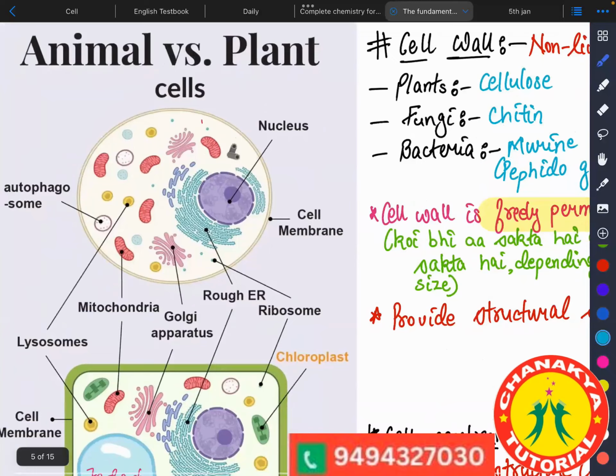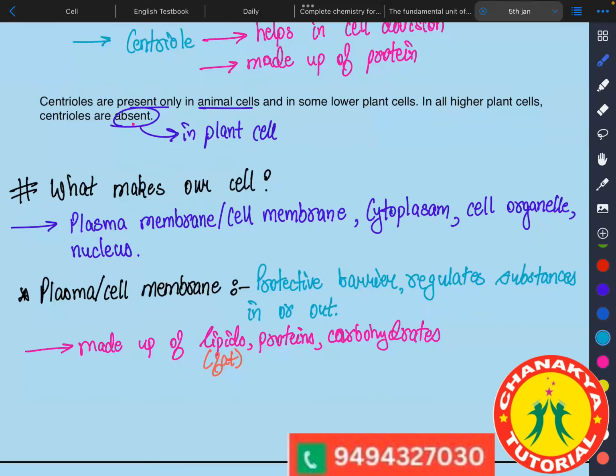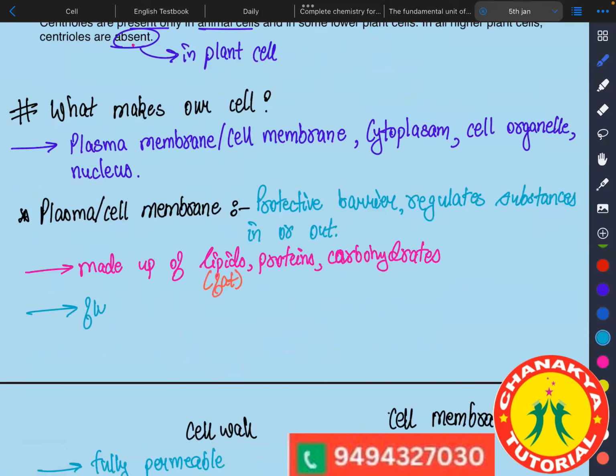It is not a rigid kind of thing. It is fluid in nature. Because if it is rigid, then it won't allow something to pass through it, whereas the cell membrane regulates the in and out of the cell.